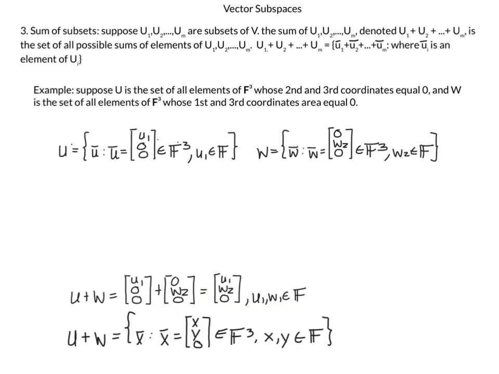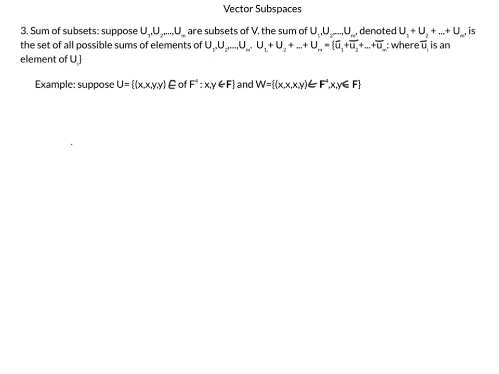It's all the vectors of the form U1, W2, 0. And actually, we can rewrite that. The U1 and W2 looks funny to me, so we could say X, Y, 0, or X1, X2, 0. But essentially, it's the subset of F3 where the last coordinate is equal to 0.